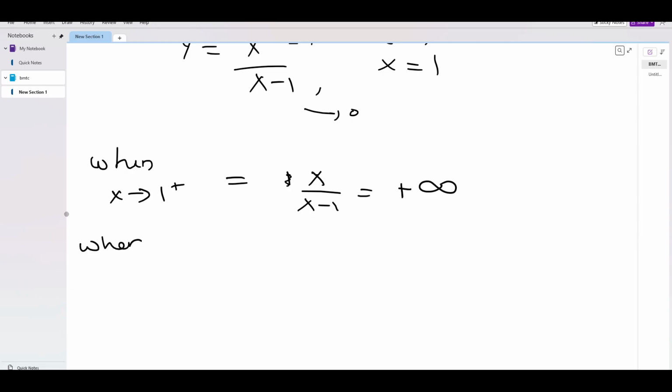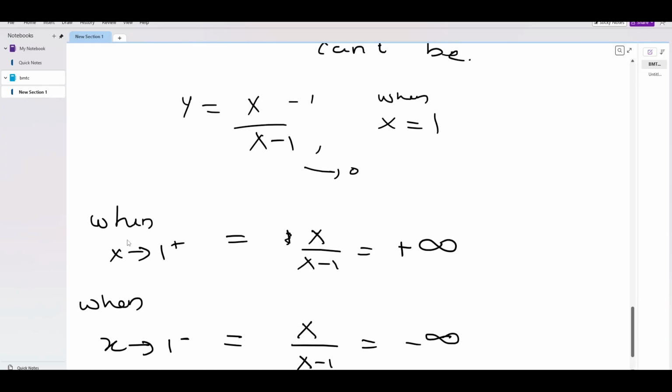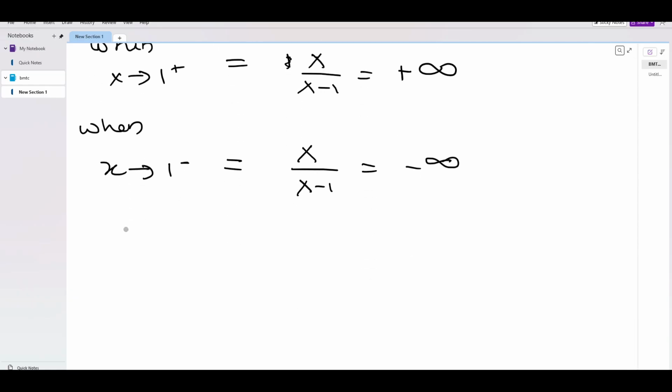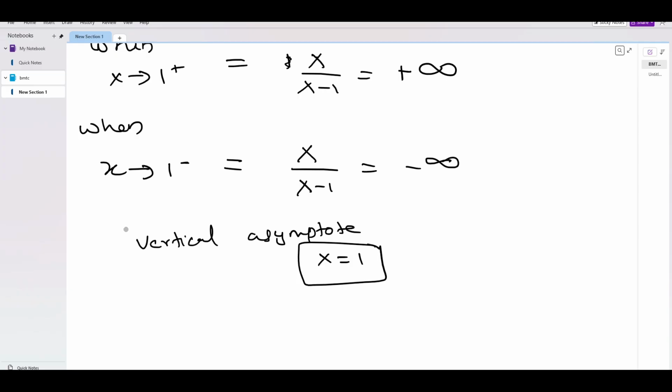When x tends to 1 from the negative side, the function will be equal to minus infinity. So the vertical asymptote is x equal to 1.